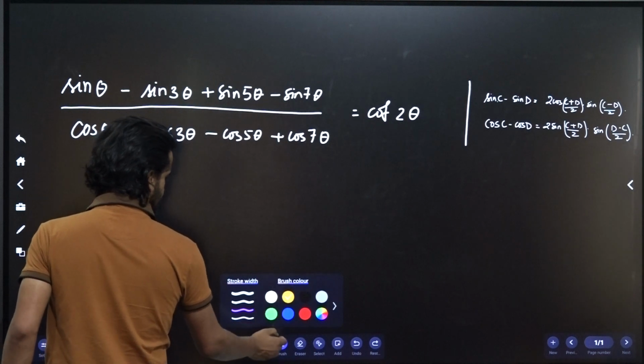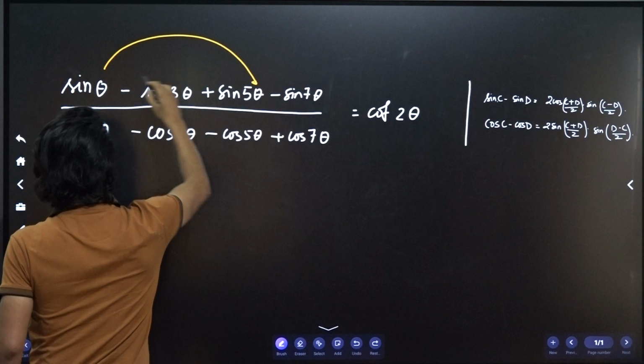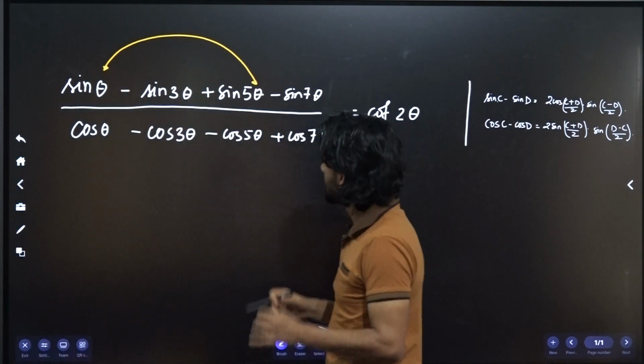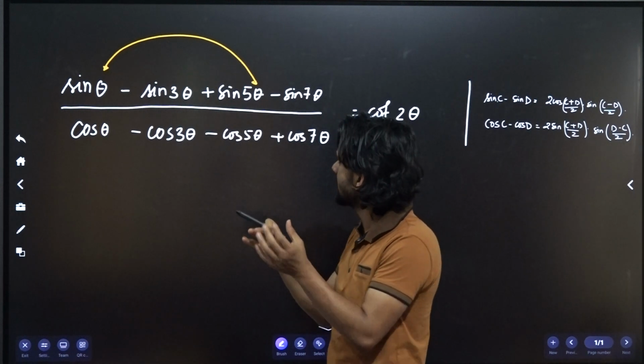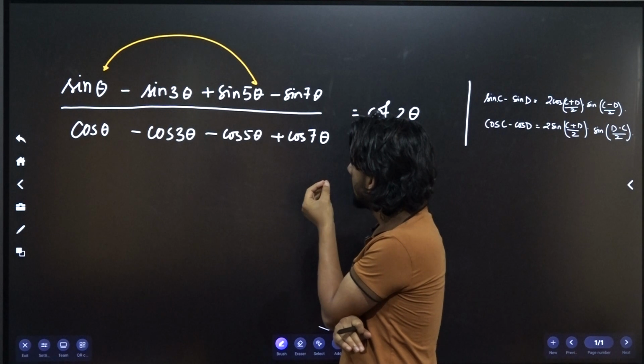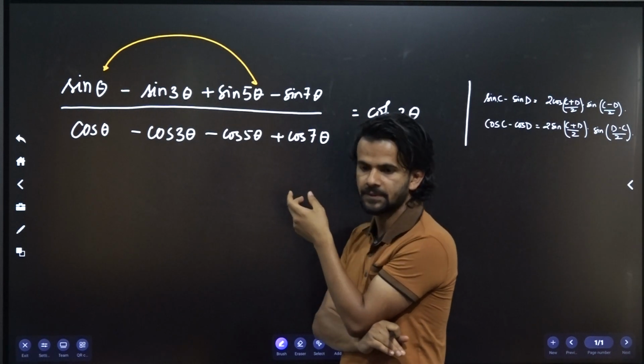Listen carefully. If we take this theta and this 5 theta, it seems to be a bit better because theta plus 5 theta divided by 2 gives me 3 theta, and theta minus 5 theta divided by 2 gives me 2 theta.